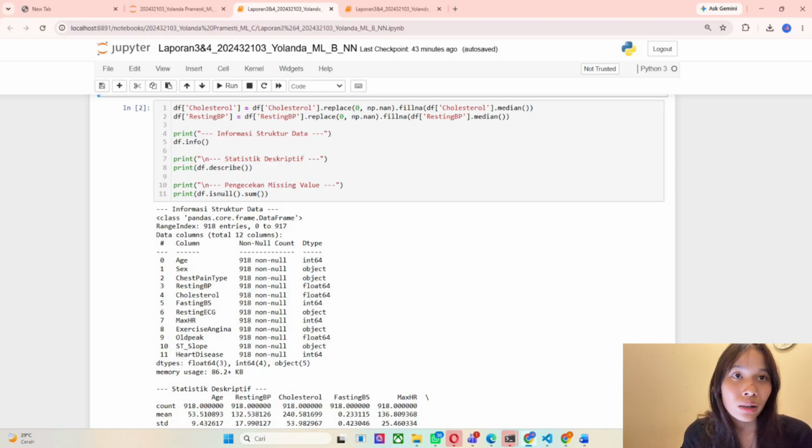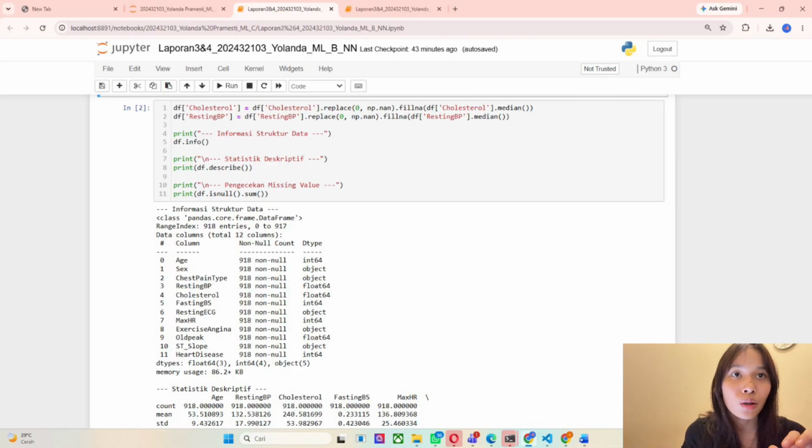The blue bar represents normal patients, and the orange bar represents patients diagnosed with heart disease. The distribution shows that class 1 is slightly higher, but overall it is well balanced, meaning our model won't suffer from severe class imbalance issues.